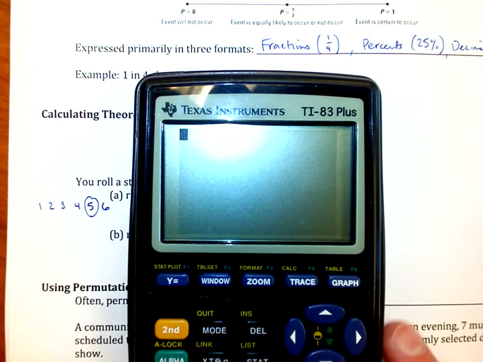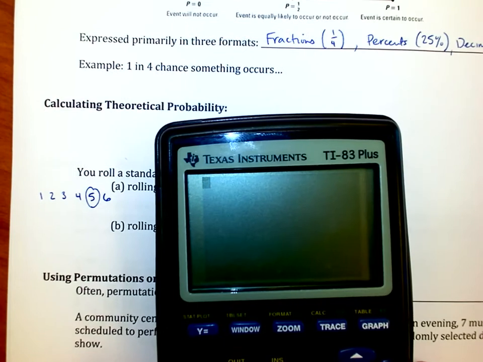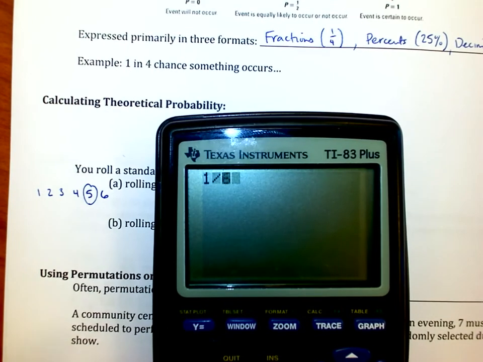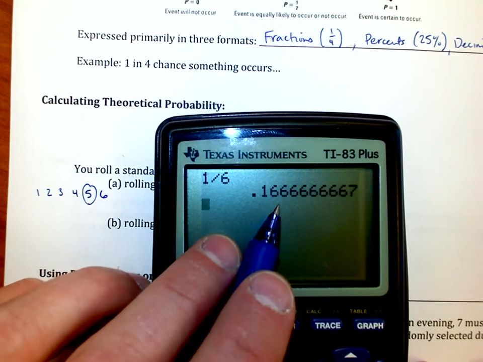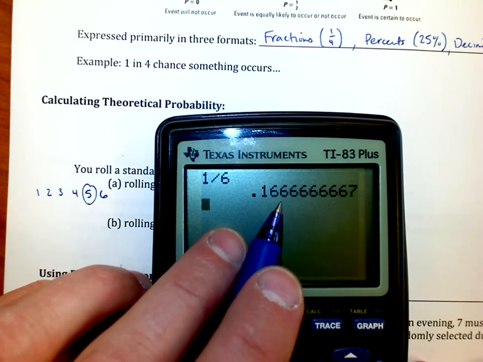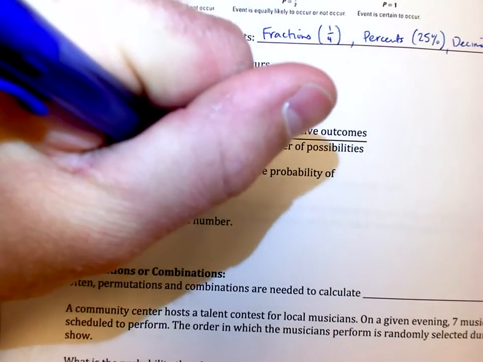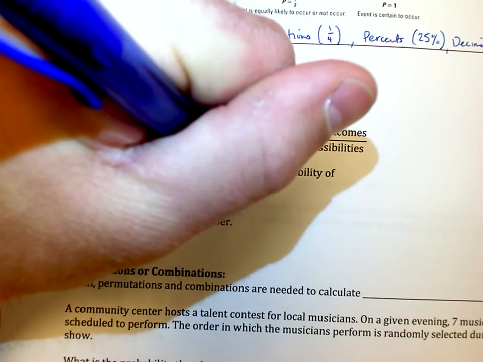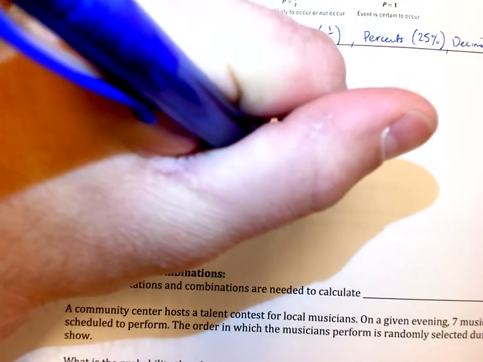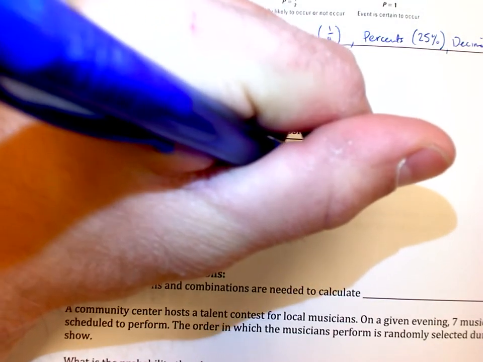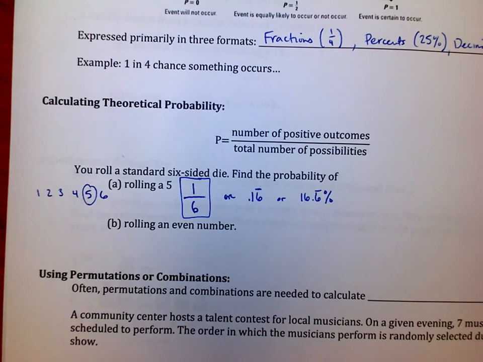We could also express that as 1 divided by 6, which is 0.16666, or 16.6 repeating as a percent. I would prefer the fractions, so in our class, let's keep it as fractions as often as we can. But know the other formats. 1 out of 6 is really the best answer.